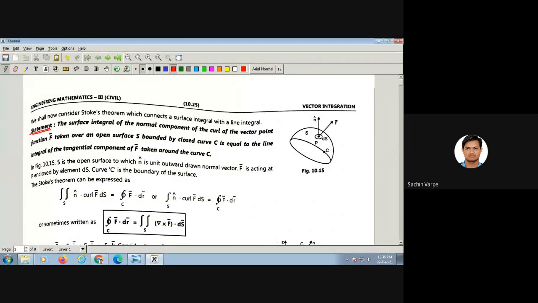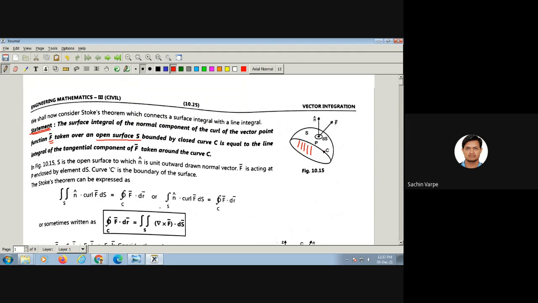The statement says the surface integral of the normal component of the curl of vector point function f bar taken over an open surface S bounded by a closed curve C. You can see this is an open surface S which is bounded by this closed curve C, in anti-clockwise sense.